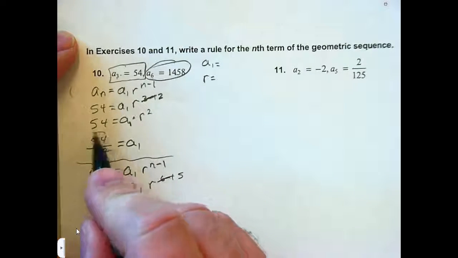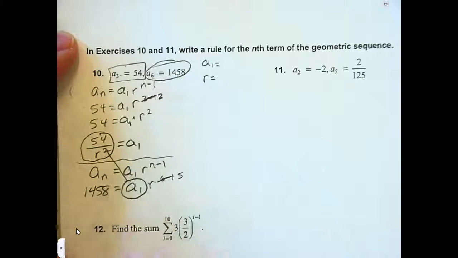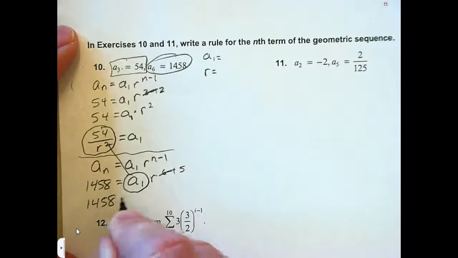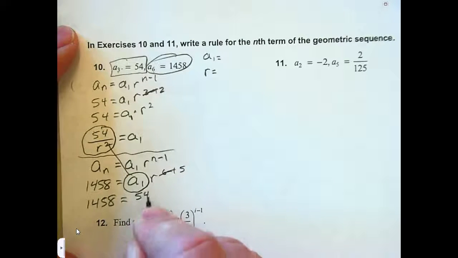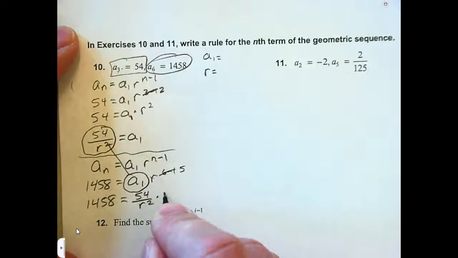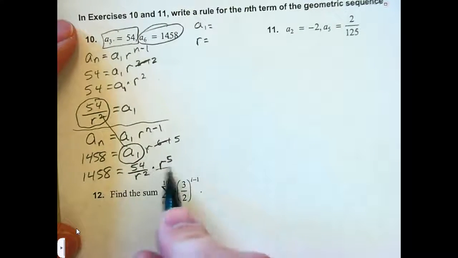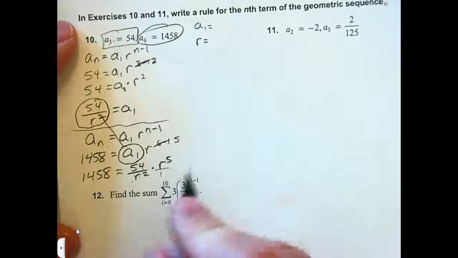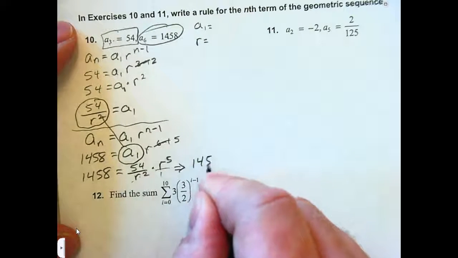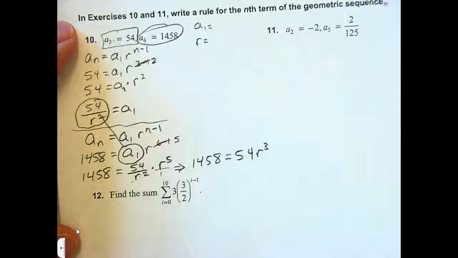If I plug this piece in now using substitution, remember our old skill there, for a sub 1 I get 1458 is equal to 54 over r squared times r to the fifth, which, multiplying that out, you do some cross reducing, you end up with 1458 equals 54r cubed.